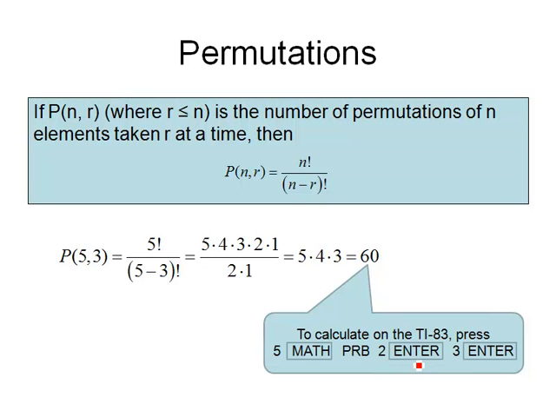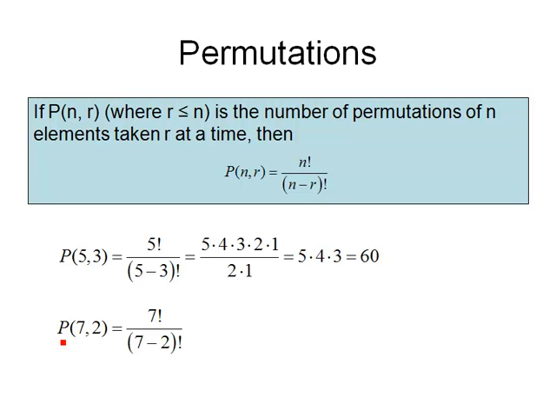Choose that, press Enter to paste it to your home screen, then press a 3, and then enter again. That will calculate out that 60. So the key thing to notice about this is you have to put the things that you're choosing from first, and then after you get NPR, you choose how many of them you want from that group.